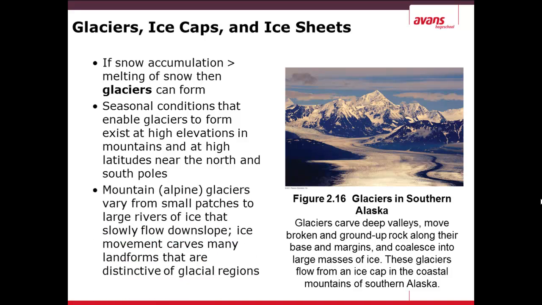But you also have mountain or alpine glaciers, which vary from small patches to large rivers of ice that slowly flow downslope. And these slowly flowing glaciers form many of the landforms of the geosphere.